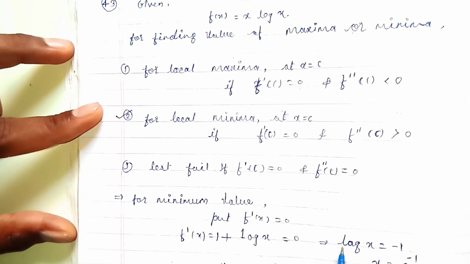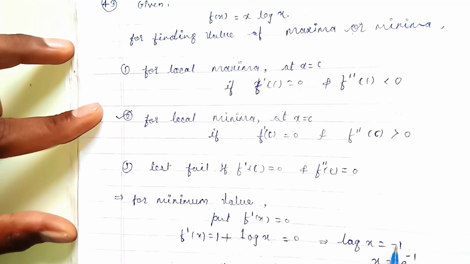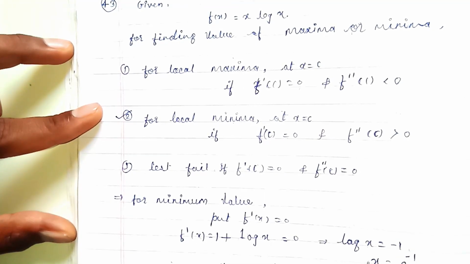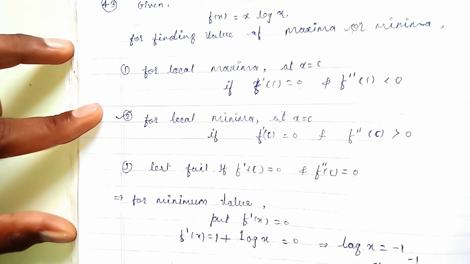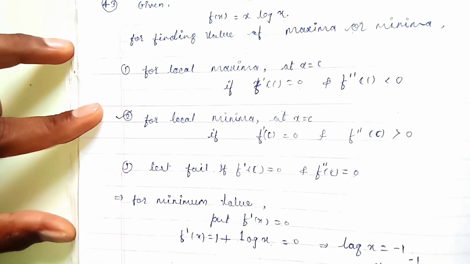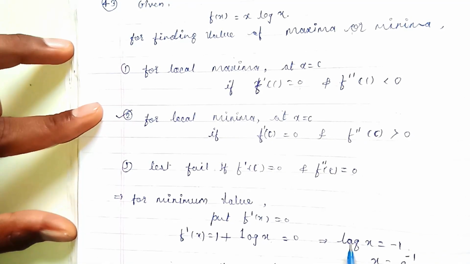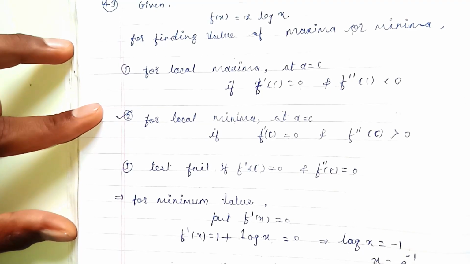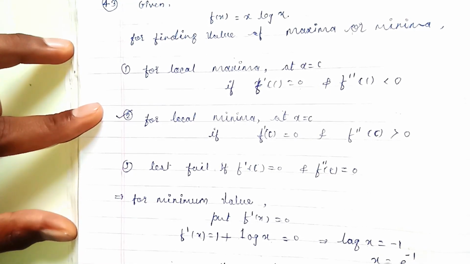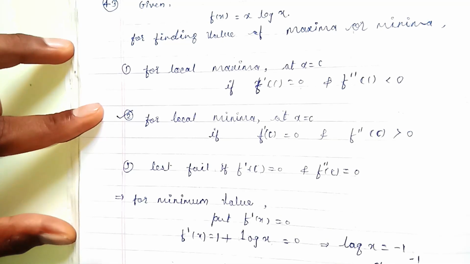So e to the power log x is equal to e to the power minus 1. The logarithmic term and the exponential term are exactly opposite to each other, so they cancel each other. Log and exponential will get cancelled, x will remain, and e to the power minus 1 is there. So I got the value of x as e to the power minus 1.